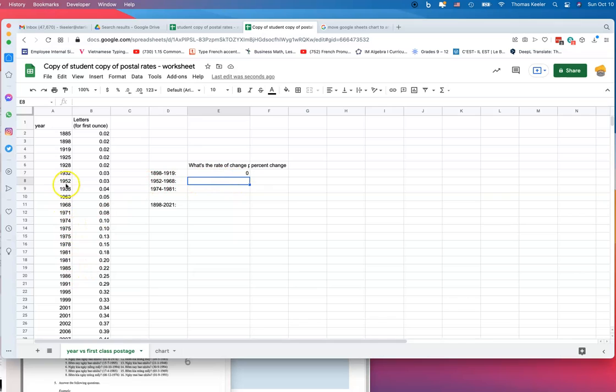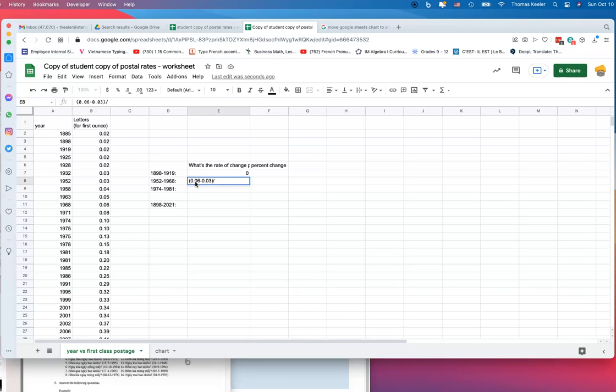So 1952 to 1968. So 6 take away 3. So this would be 0.06 minus 0.03. So it changed by 3 cents. So the price went up 3 cents.